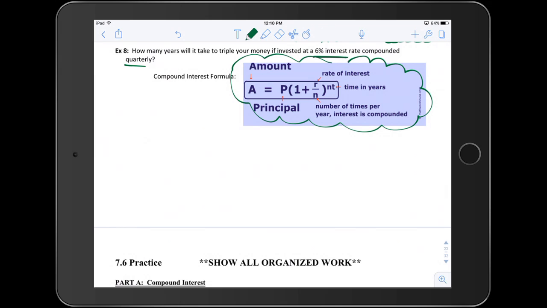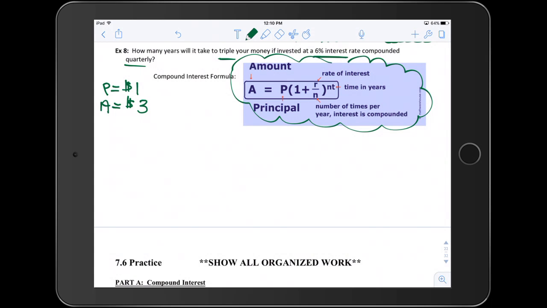Okay, so how many years will it take to triple your money? Notice they're not giving you any money value. So you can say, I'm investing $100, so how long will it take to get to $300? But really what makes it easiest, if it does this kind of thing where it says tripling, I would just say, invest $1 and my end result, I want to be $3. But again, just because of the triple component, you can put any money in.